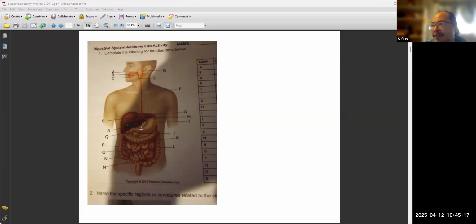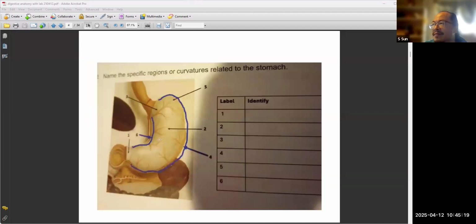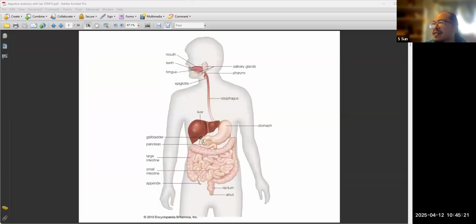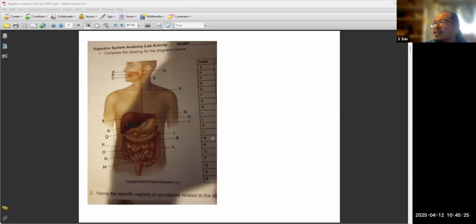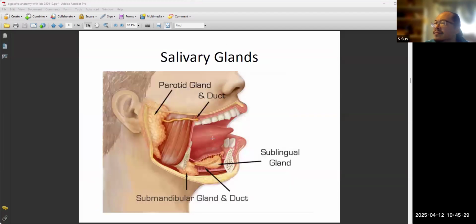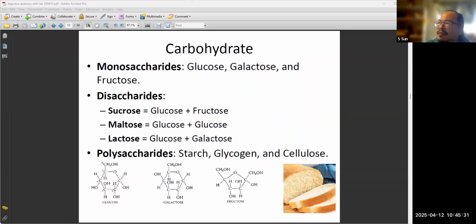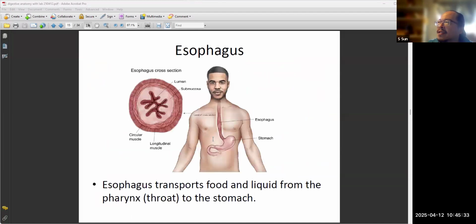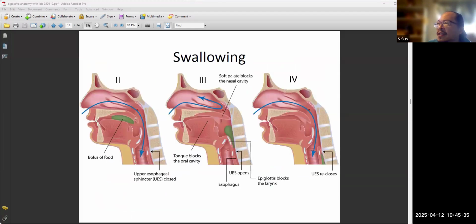So let's look at the liver. I didn't think it's liver, but yes, this is right side, this left side. Let me go to the liver slides, so we will see that. Yes, swallowing here. The uvula right here is going to block the nasal passage when we swallow food.